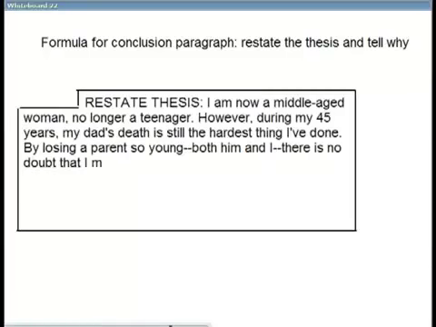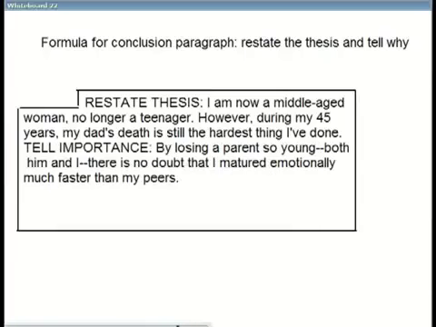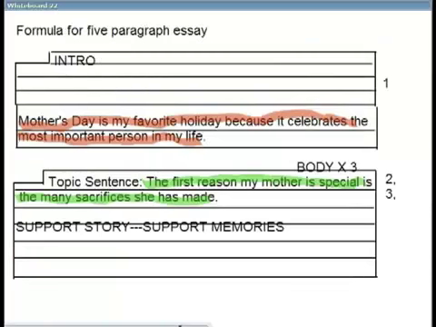It'd be easier if we say there is no doubt that I matured emotionally much faster than my peers. And there are the 2 parts of the conclusion, which is first, the restatement of the thesis, and second, tell the importance of the thesis. So let's review what we have covered tonight.